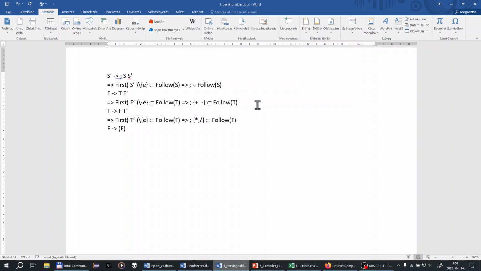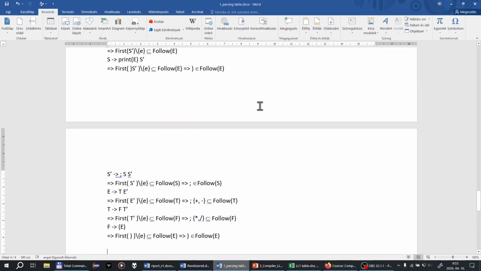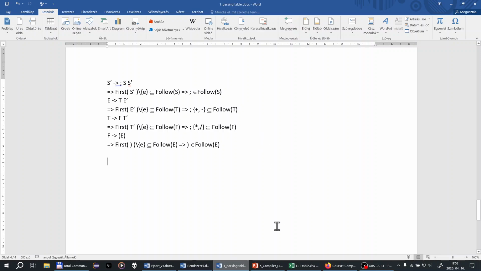And here we have first, closing bracket is an element of follow E. So the closing bracket is an element of follow E. Okay. And what else we have?